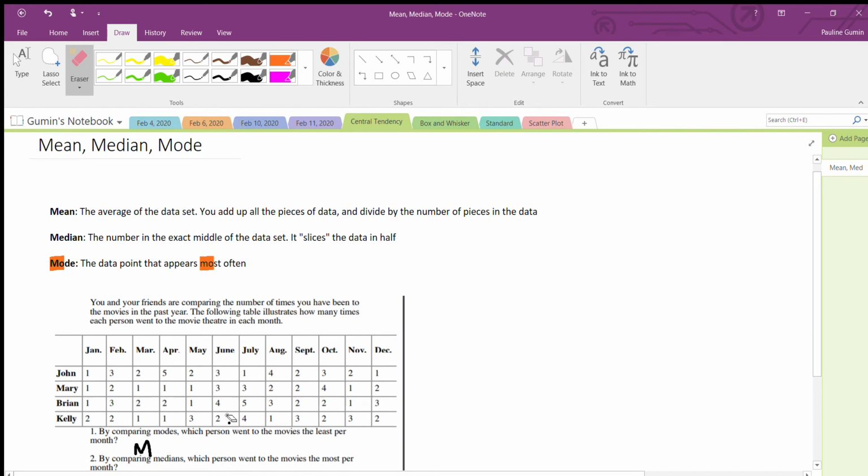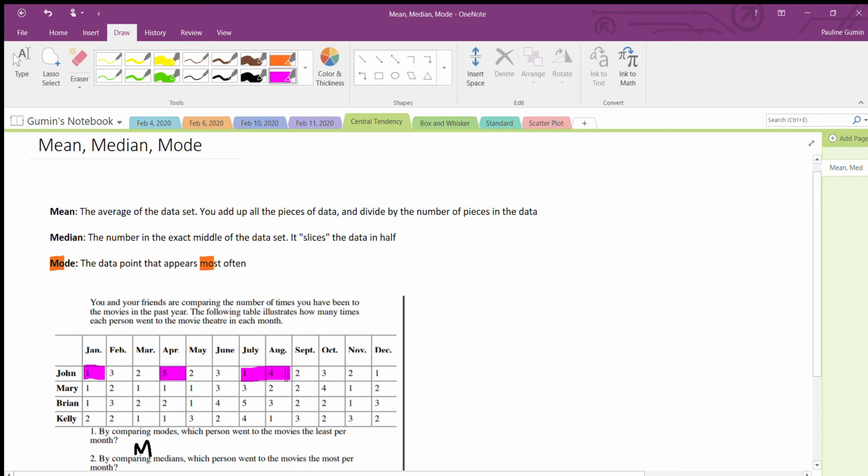Okay. I know in middle school, you would have organized these all and then started crossing them off, but we don't really need to rewrite anything. I just need to begin crossing off least and greatest. So I'm going to begin with the smallest number for John, which is 1, and cross off the highest number, 5. I have another 1, so I'm going to cross off, there's no other 5s, so I'll cross off a 4.